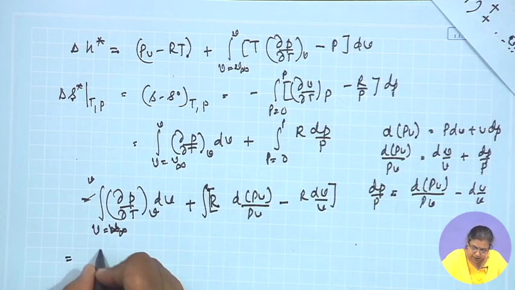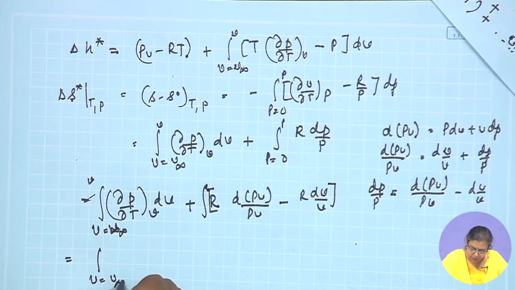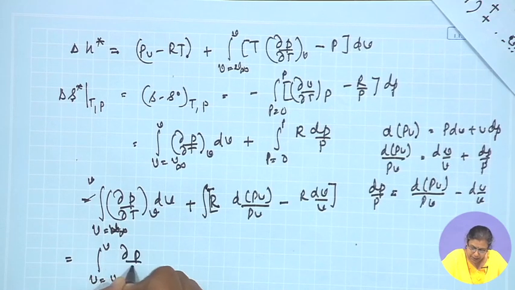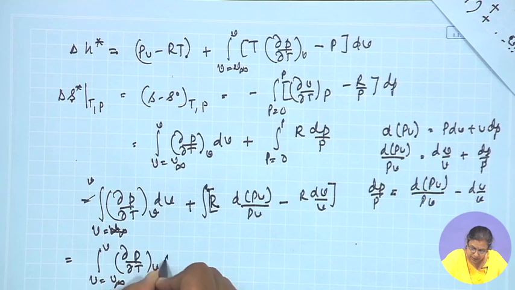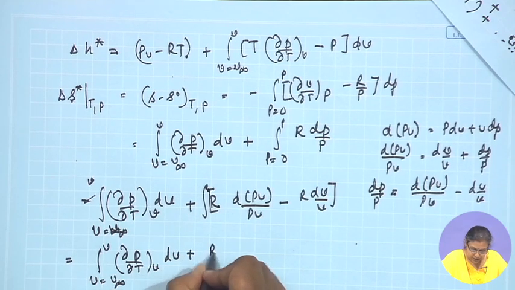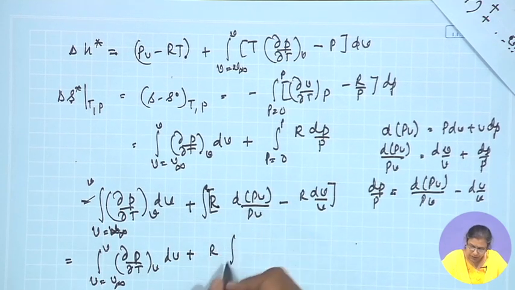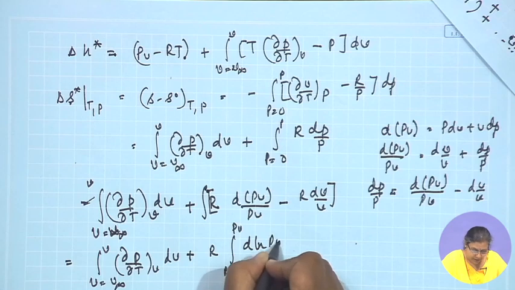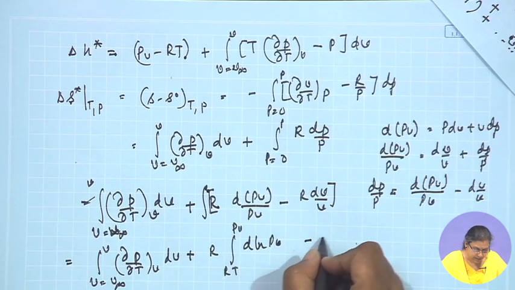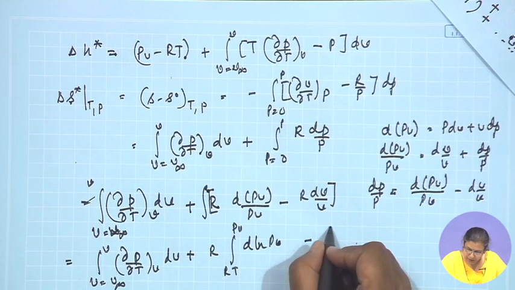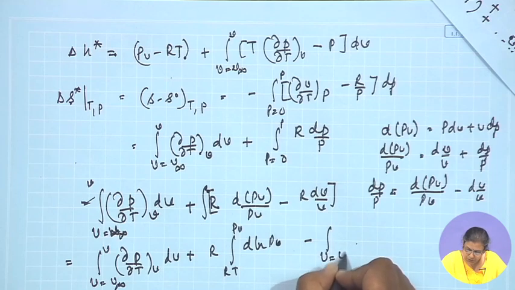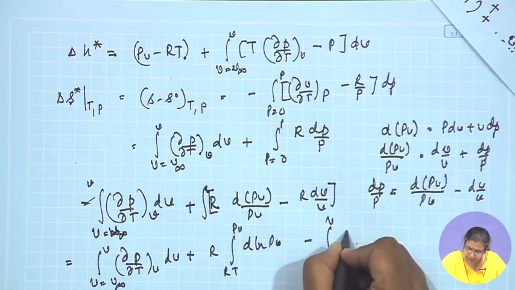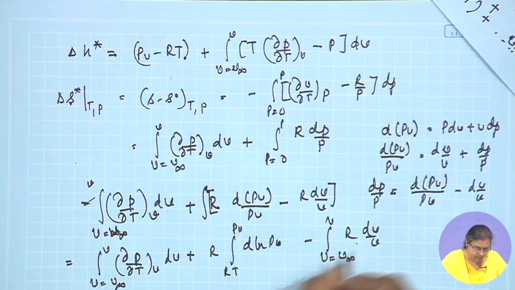So therefore this becomes integral from V infinity to V of del P del T at constant V dV plus R, here the integration should range from RT to PV d ln PV, minus integral V equals V infinity to V of R dV by V. So from there what do we get?